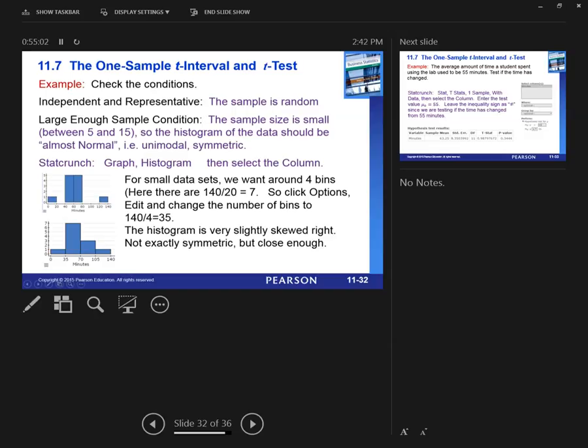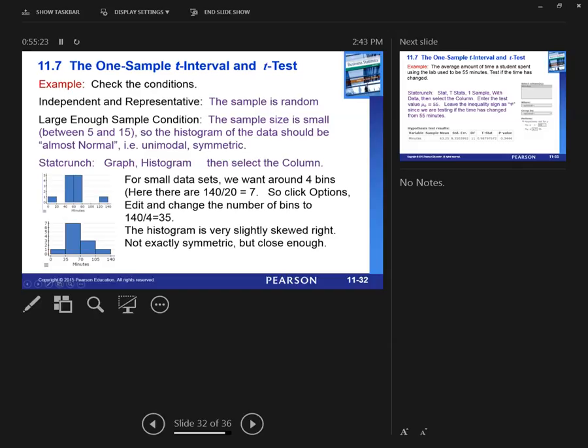Okay. So here's what I did. You can do this in StatCrunch, and you're going to have to do this for the homework. They may say check the conditions, and you'll have to make a histogram. So you go to StatCrunch, and instead of hitting stats, which is what we've been doing a lot of, we're going to go back to graph. Remember, we did graph histogram.